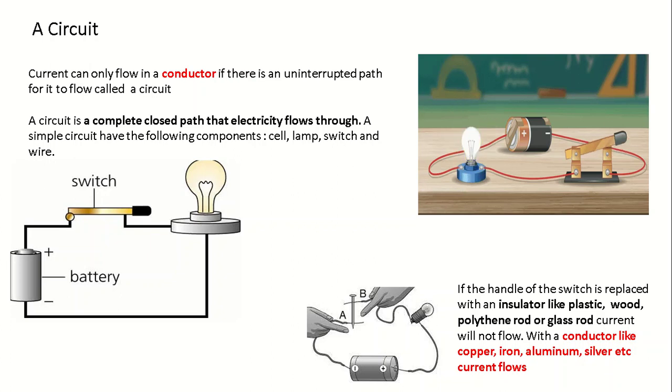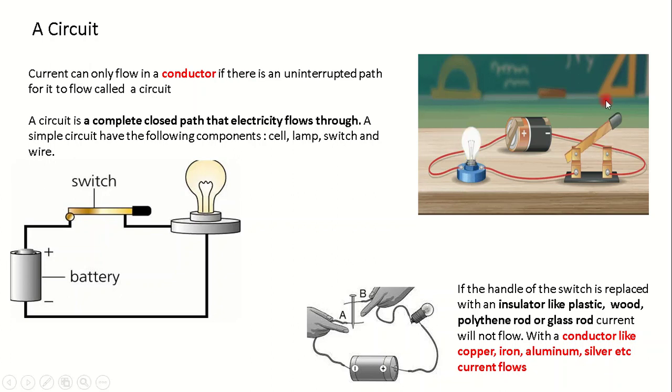A simple circuit has the following basic components: a cell, lamp, switch, and wire. These are some of the basic things we can find in a simple circuit. If the switch or the handle of the switch, for instance, is replaced with an insulator, let's say a plastic, wood, or polythene rod, then current will not flow.